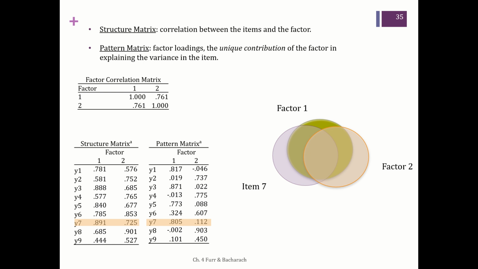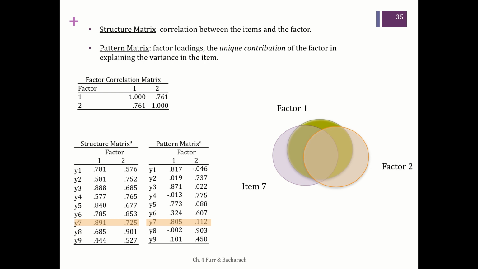So the total overlap between green and blue is the 0.891 in the structure matrix. Similarly, the 0.725 that we see for item 7 and factor 2 is the total overlap between the blue circle for item 7 and the red circle for factor 2. So the total overlap between factor 2 and item 7, the correlation between the two.